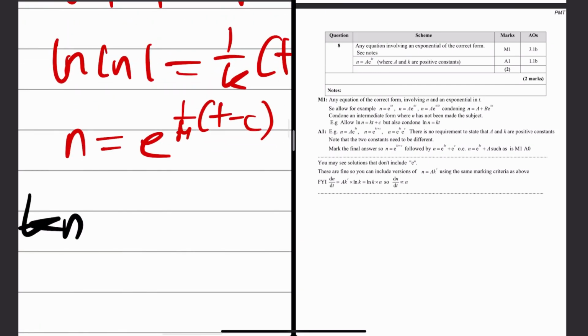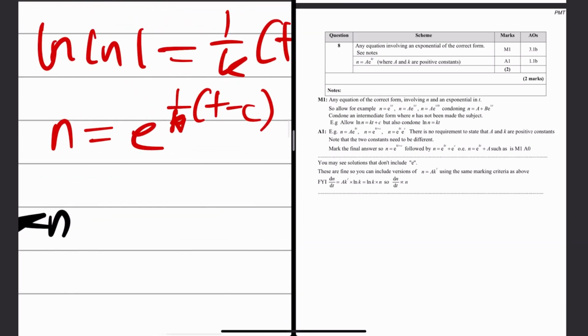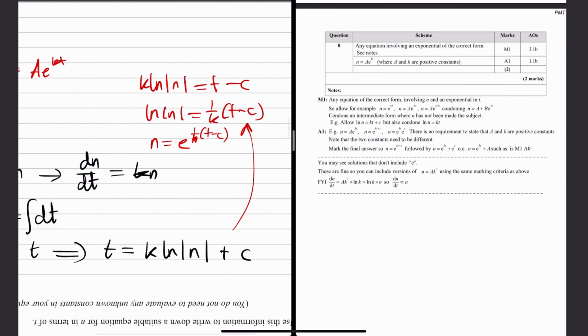Wait, hang on, is it? Yeah, so if we expand this out, minus that, so that's multiplied by e to the minus c over k.